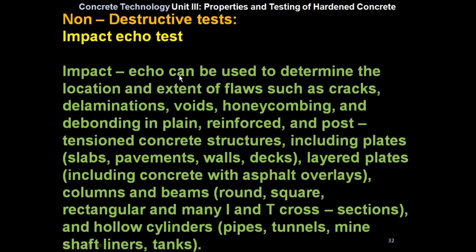Impact echo can be used to determine the location and extent of flaws such as cracks, delaminations, voids, honeycombing and debonding in plain, reinforced and post-tensioned concrete structures, including plates, that is slabs, pavements, walls, decks, layered plates including concrete with asphalt overlays, columns and beams, round, square, rectangular and many I and T cross sections, and hollow cylinders, that is pipes, tunnels, mineshaft liners, tanks.